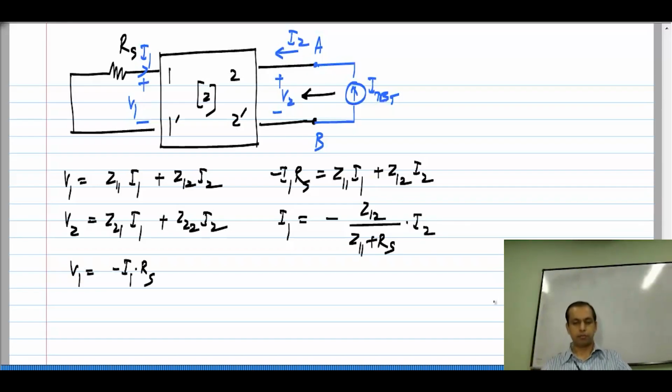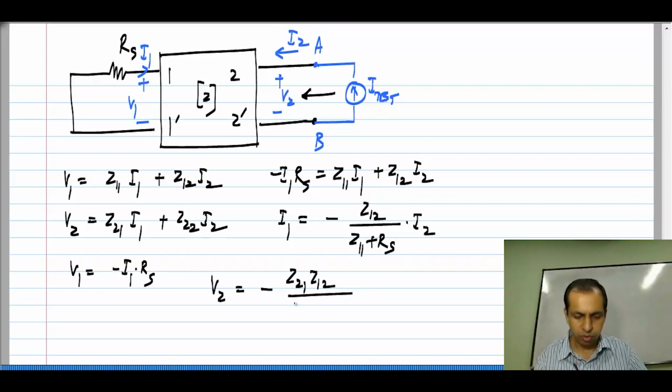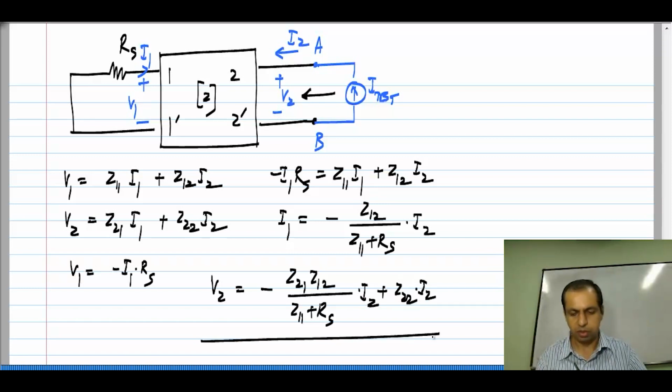And I will substitute it in the other equation. I will get V2 to be Z21 times I1, which is minus Z21 Z12 by Z11 plus Rs times I2 plus Z22 times I2.